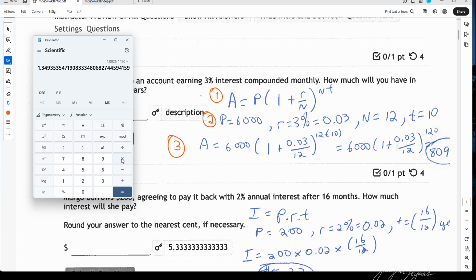I multiply that by 6,000, and it gives me that value, $8,096.12, and that's what it should have there, but it cut off on the edge.